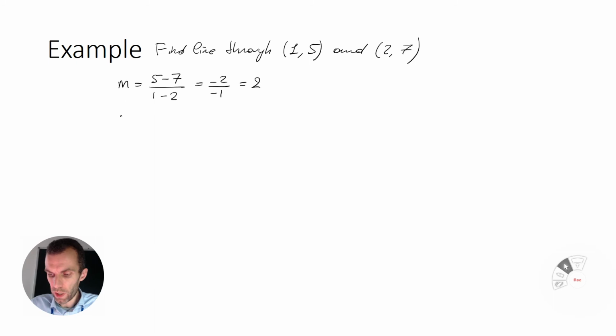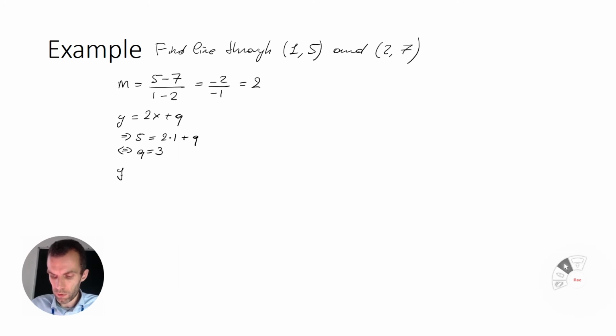And so next we want to compute the intercept. So we know now that y is 2x plus q. And to find the intercept, we can substitute one of the points. So we know, for instance, 5 is equal to 2 times 1 plus q, and therefore q is 5 minus 2, or 3.